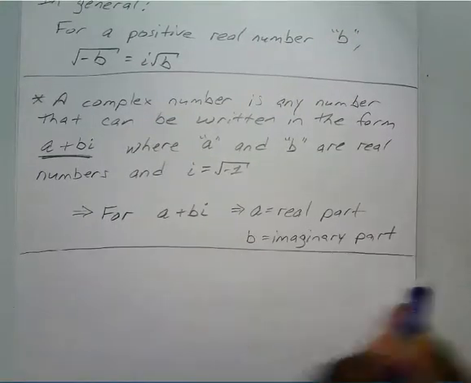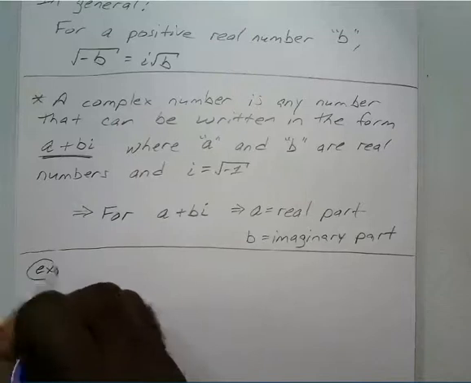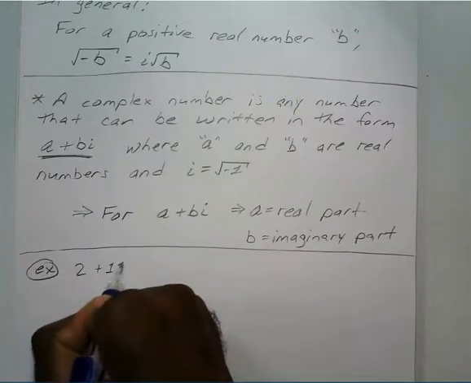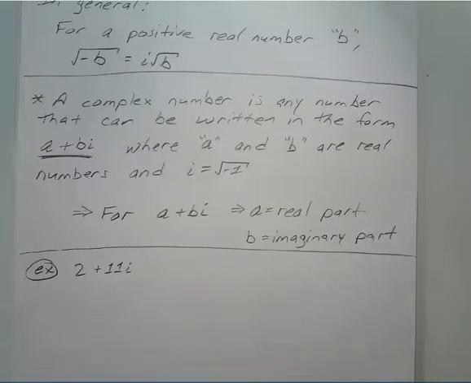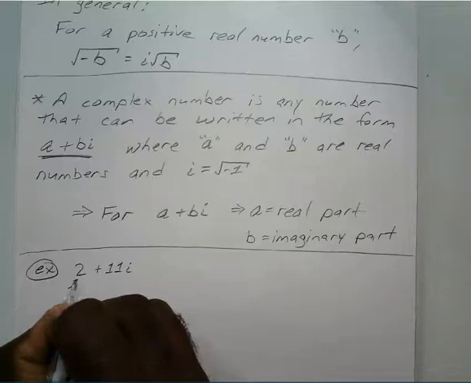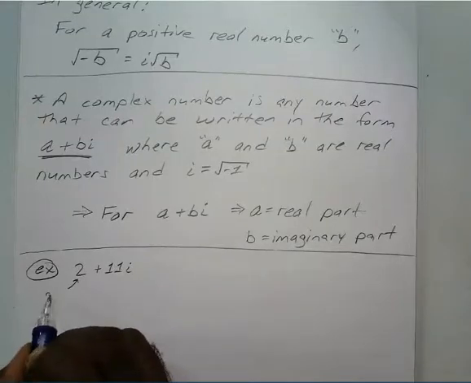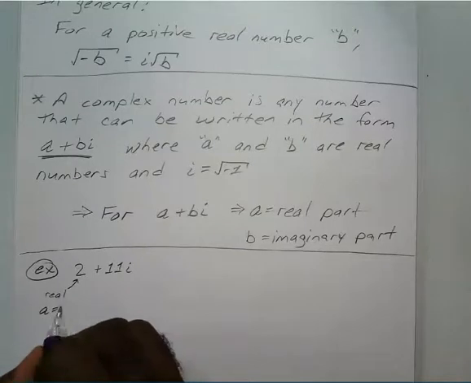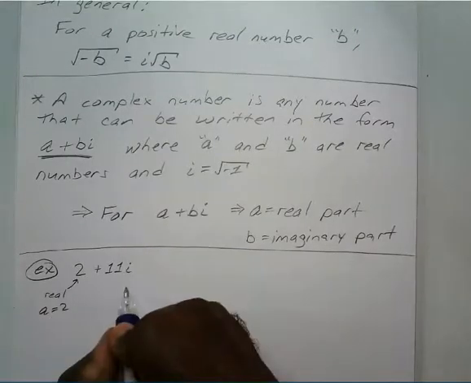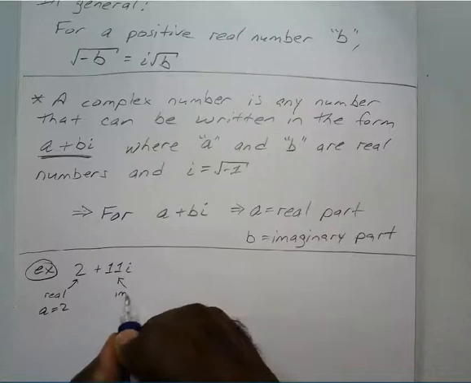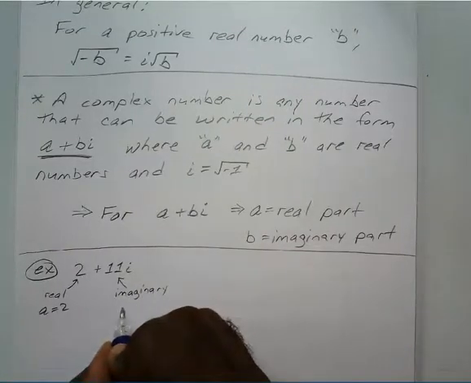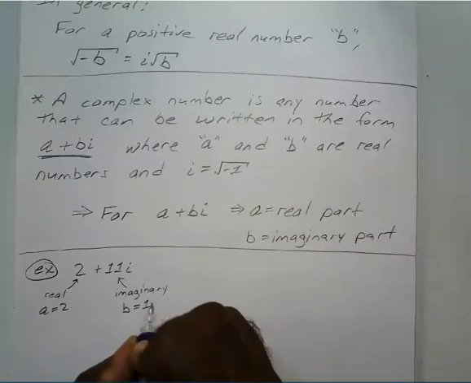Okay. Let's say, for example, if you have 2 plus 11i. Okay, so the 2 would be your real part. So in this case, a would equal 2. And the 11 would be your imaginary part. Or in this case, b is equal to 11.